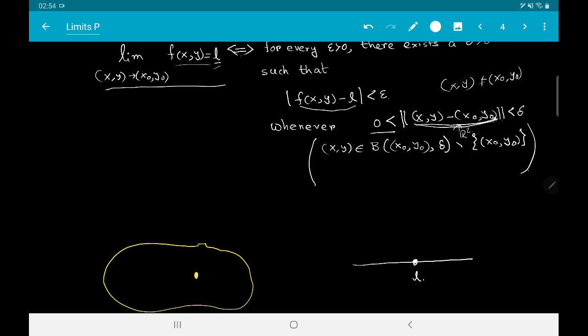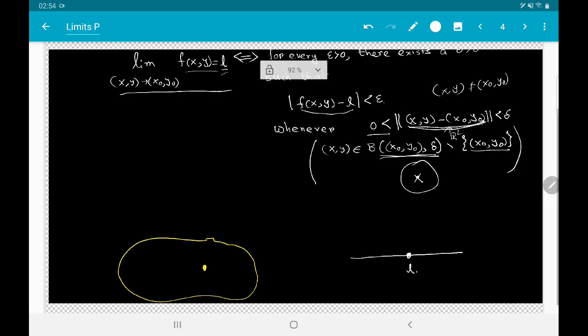So this means that there should exist an open disk around (x0,y0), and we are not considering the point (x0,y0) itself. So (x,y) must belong to this open disk around it, and it is not equal to (x0,y0).